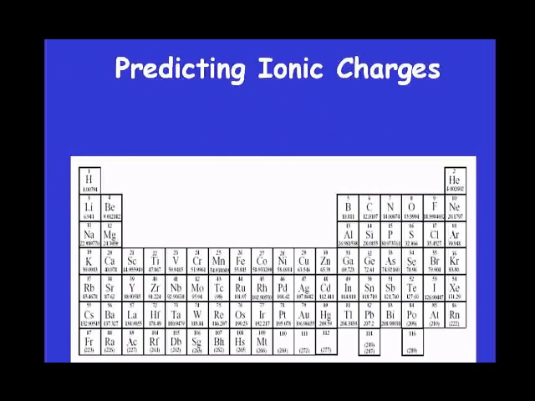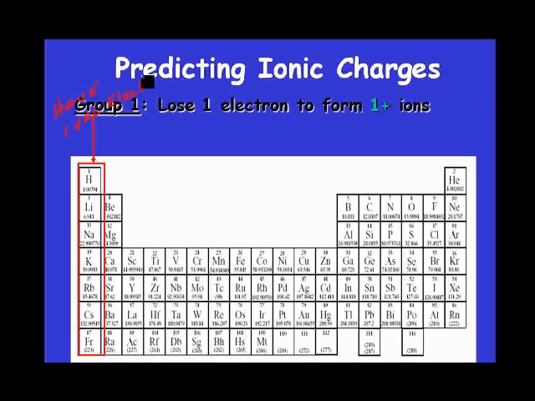So now, if we want to predict some ionic charges, if you recall, all of our group 1 elements have one valence electron. So our group 1 elements are going to want to lose that one valence electron, forming positive 1 ions.